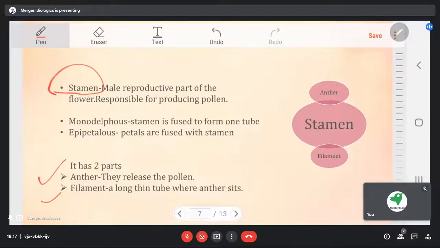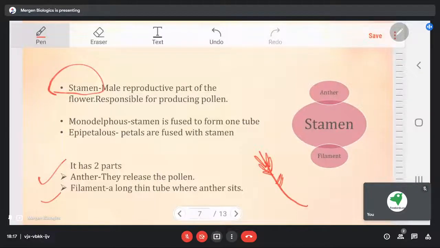And filament is the long thin tube where the anthers, the sacs that produce the pollen grains, are present. This is the filament. This is the filament. So that's how filament works.